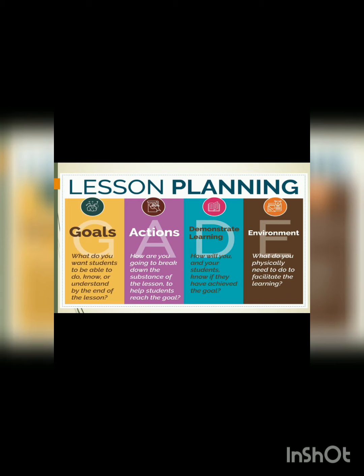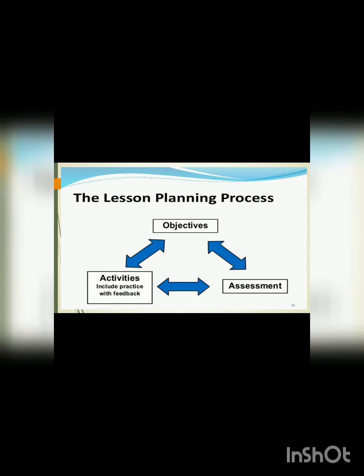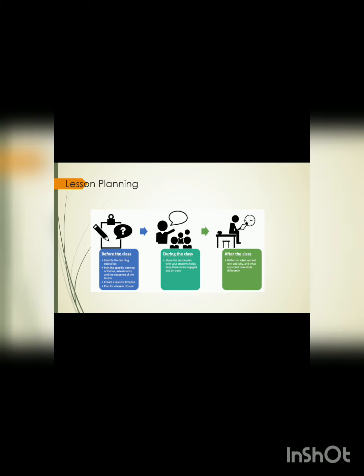Environment: what do you physically need to do to facilitate the learning process? It's a circle. First of all, the objectives. Activities include practice with feedback and assessment. Planning before the class, during the class, after the class.